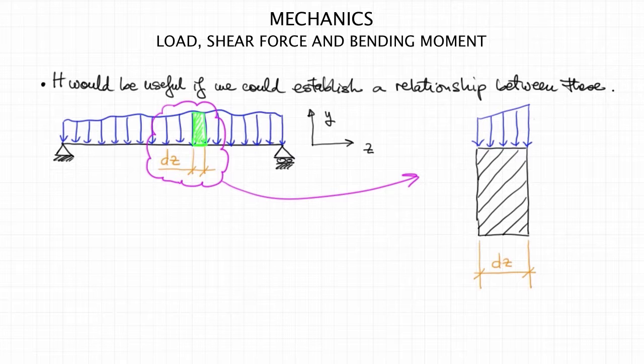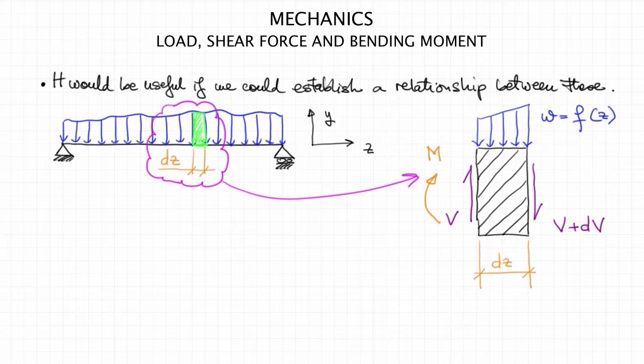as well as the internal forces on the two sides of the element, because we've cut the element along two planes. So on the left hand side, positive shear, right hand side, positive shear, and also positive bending moment on the left side and positive bending moment on the right hand side.